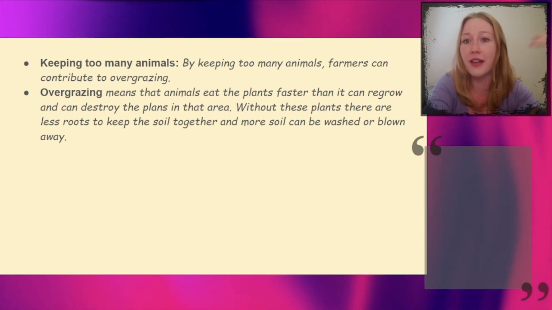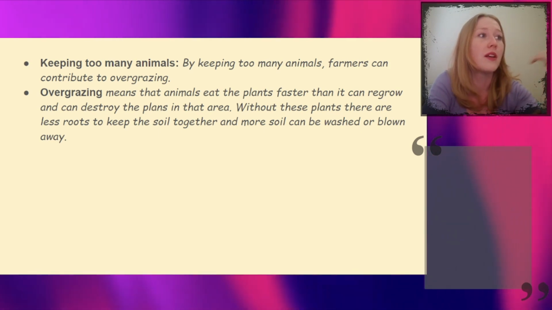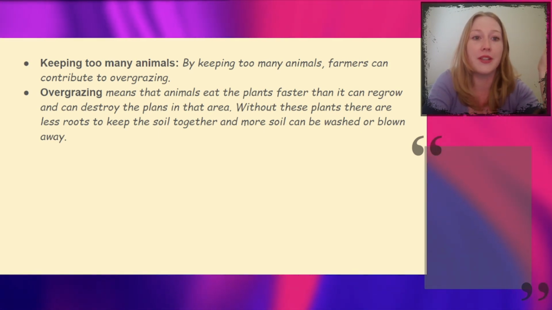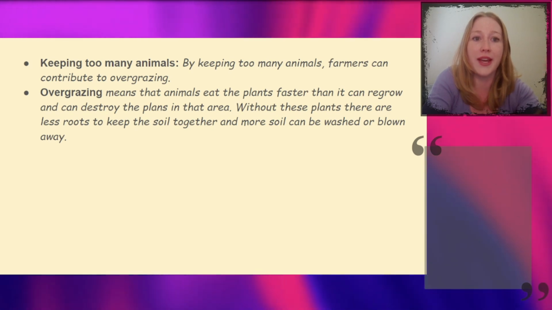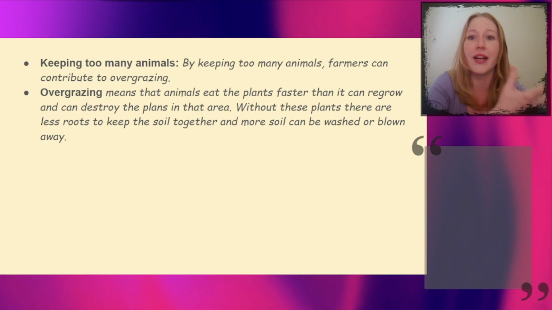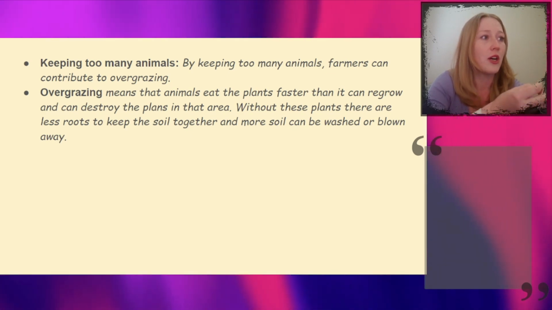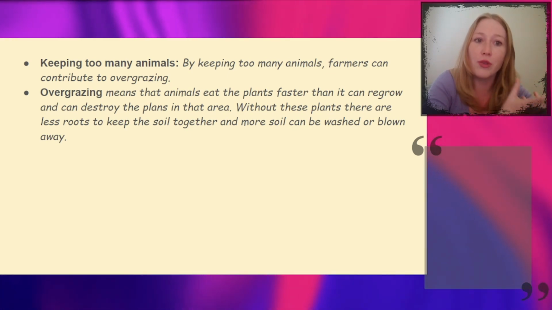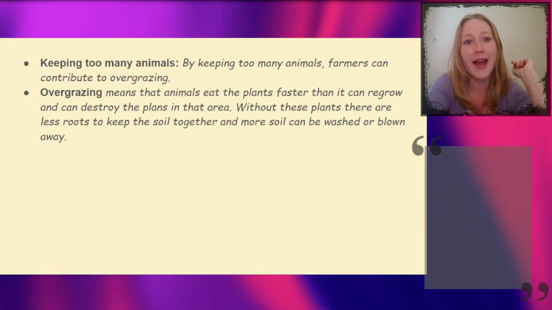And that kind of links to overgrazing as well. Another reason is because the animals actually trample the soil. So they trample it, they break it up, and they disrupt any plants from trying to regrow again, and that just adds on to the problem.